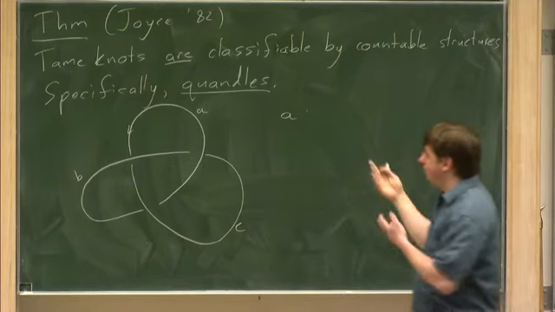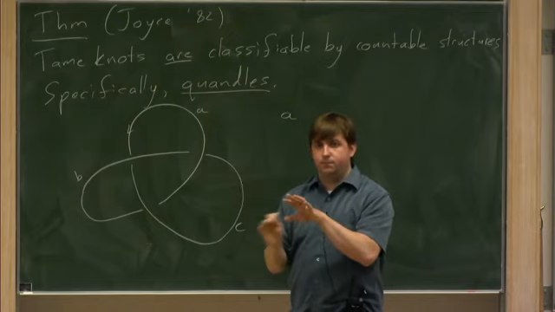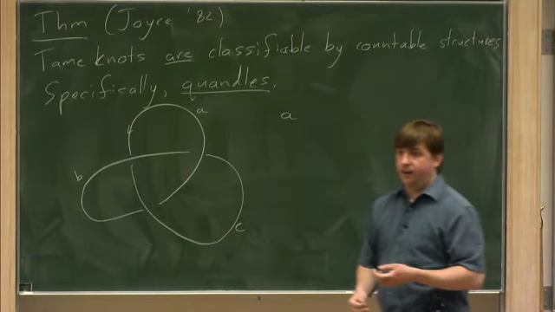And so Joyce showed that you can define it this way, you can also define it in a more directly algebraic topological way, and these are equivalent and they are invariants.